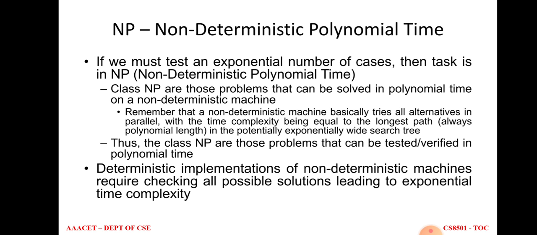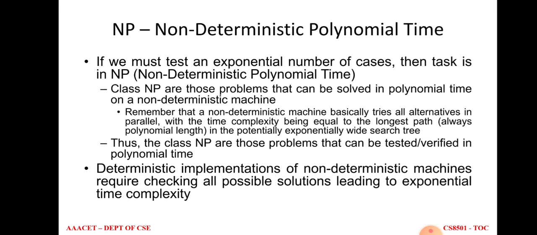The difference between the two is that in a deterministic Turing machine the solution is determined, which means we can't guess any solution, either this or that, because deterministic means the solution is determined, which gives the correct or optimized solution.